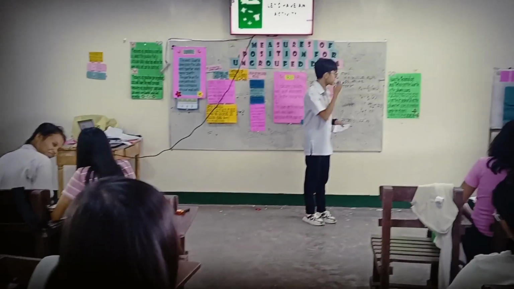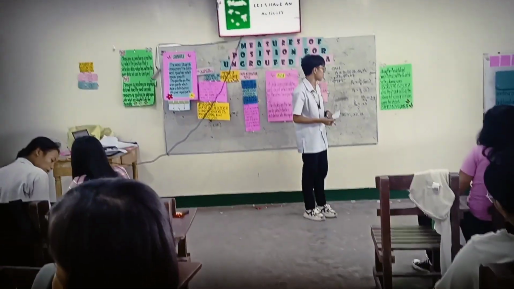Okay, the given question is find the 6th decile or D6 of the following test scores of a random sample of 10 students.